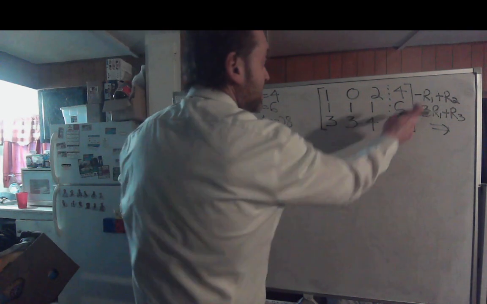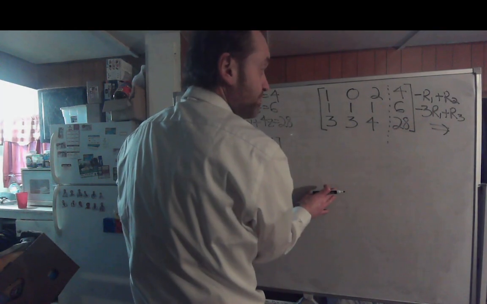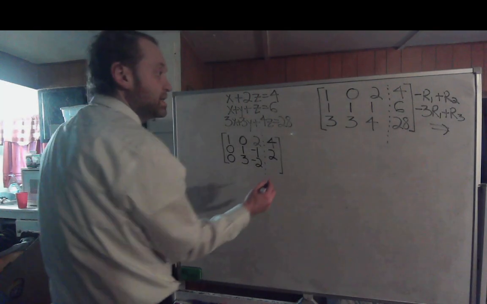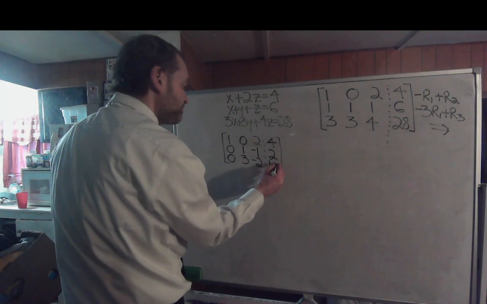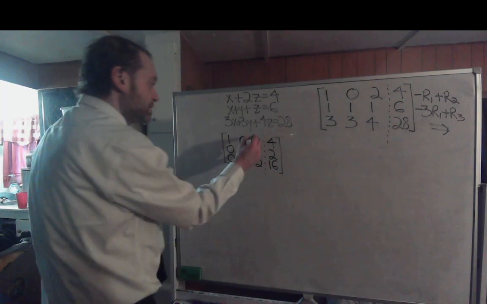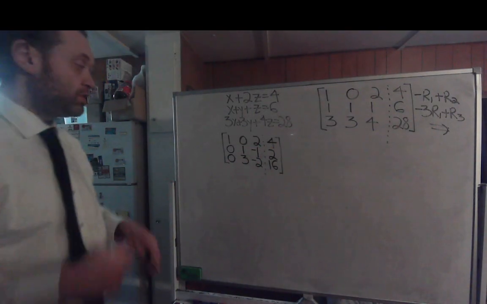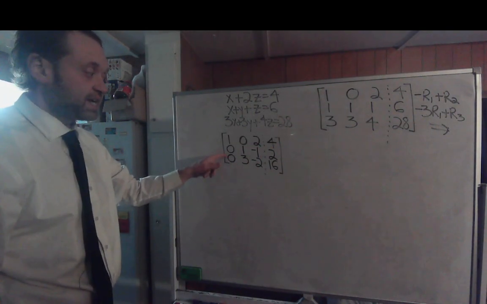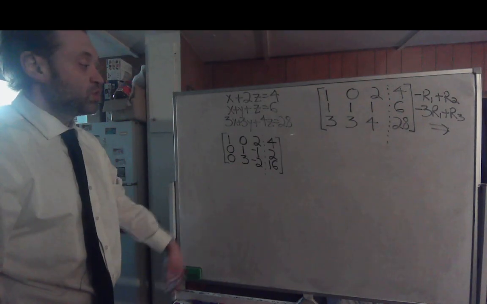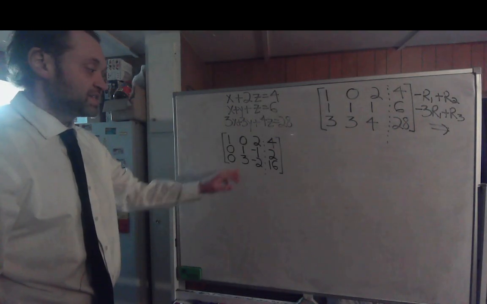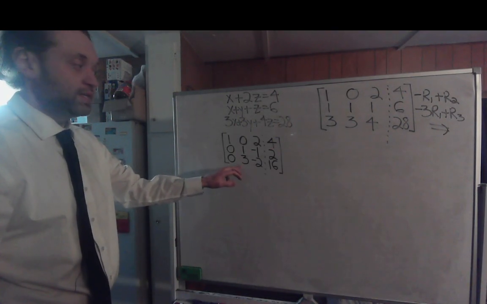And then negative 3 times 4 is going to be negative 12 plus 28 is 16. All right. So at least now the first 2 digits in the second and third row are 0. We have a leading 1 in the second row. Now we just need to make the second digit in the third row also be 0.